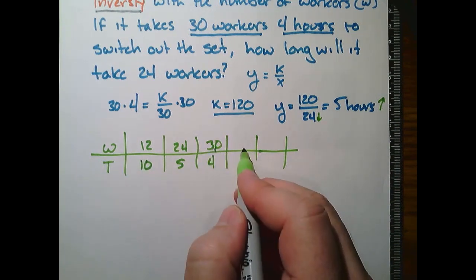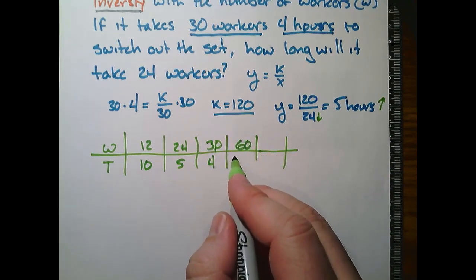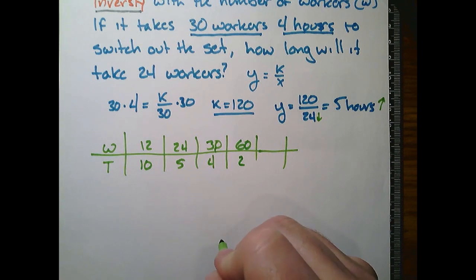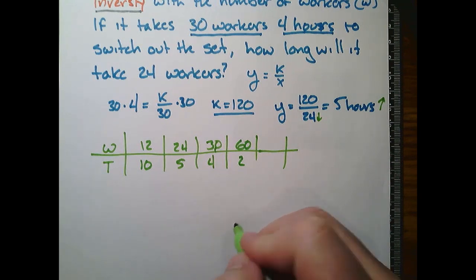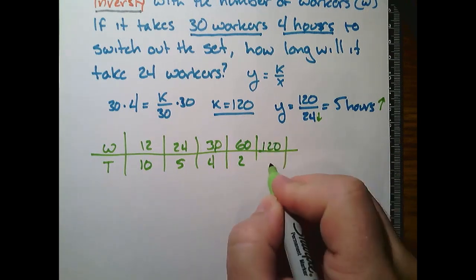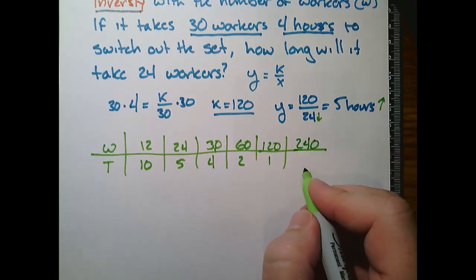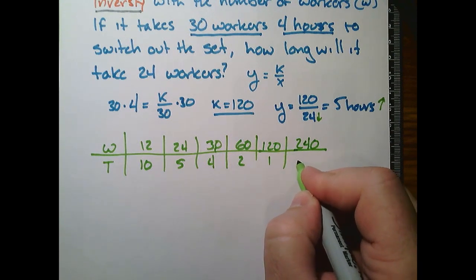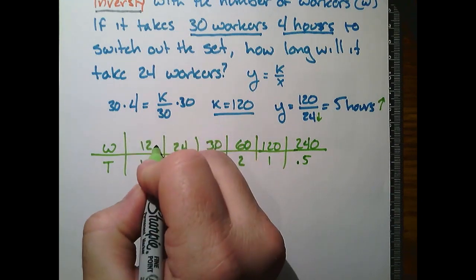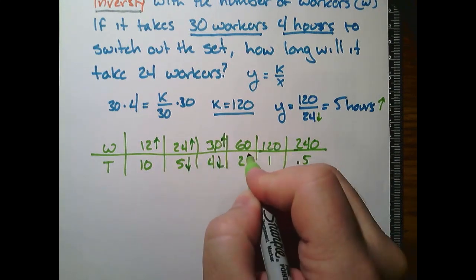Likewise, if we double the number of workers to 60, and we're assuming there's no interference, like 60 workers can work on this without decreasing the efficiency of the process, then this is going to drop down to 2 hours. If I take it to 120 workers, then it's only going to take an hour. And if I were to take it out to 240 workers, then that would only be half an hour. So we can see, as these go up, these are going down.